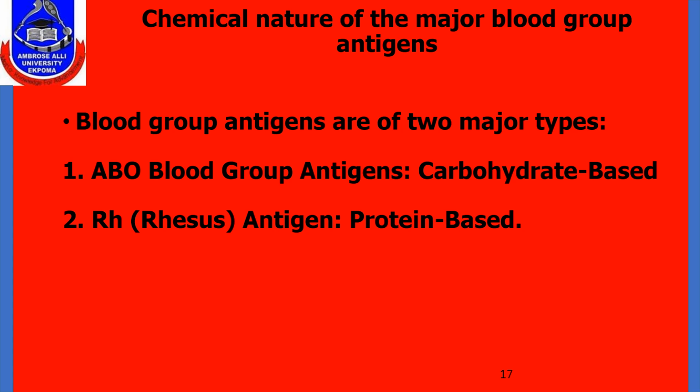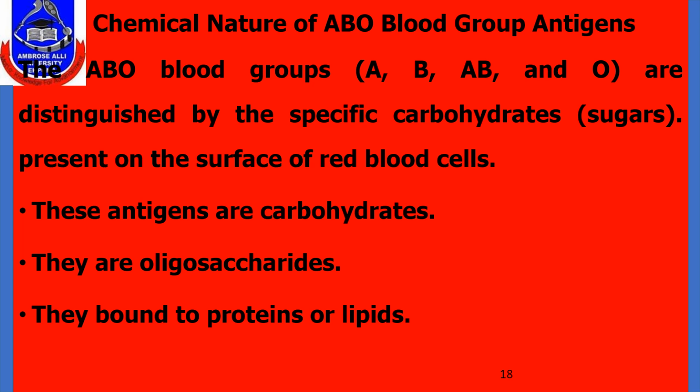That is, the antigens are mainly carbohydrates, while the Rhesus antigens are mainly protein. As mentioned earlier, the ABO blood group systems are distinguished by specific carbohydrates present on the surfaces of the red blood cells.